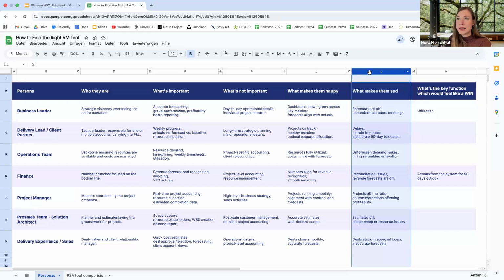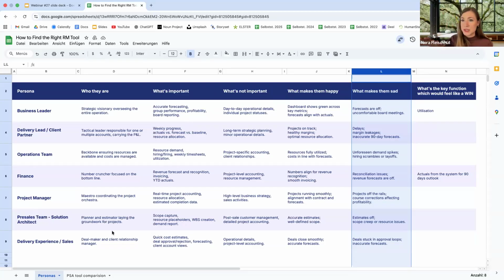And what would be very smart is to identify allies across the business, people who might experience the same or a similar pain, and for those other stakeholders who might not, make sure that the solution at least does not make them worse off. Understand what makes them sad, and hopefully the solution will improve or at least be neutral on them.